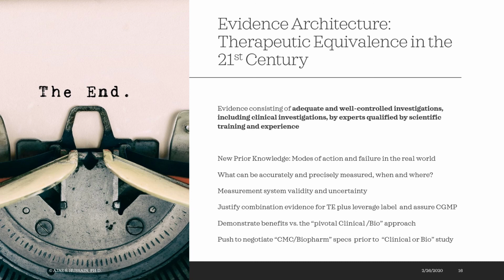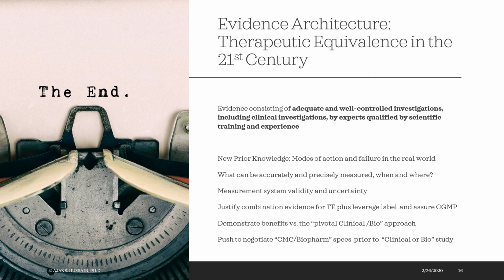We have to focus on what can be accurately and precisely measured when and where. Measurement system validity and uncertainty is pivotal to consider, especially for all the pieces of the evidence that have to come together and align and integrate. We have to justify the combination of the pieces of evidence that becomes totality of evidence in the context of therapeutic equivalence.